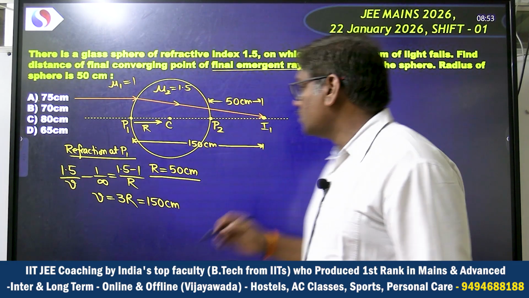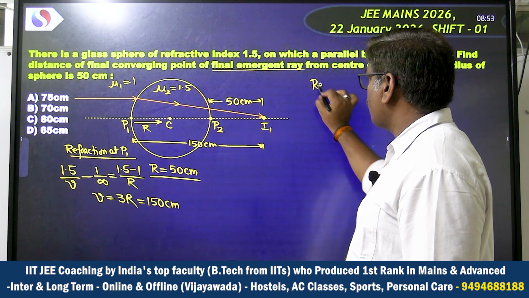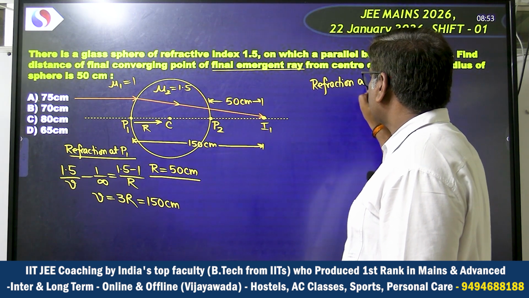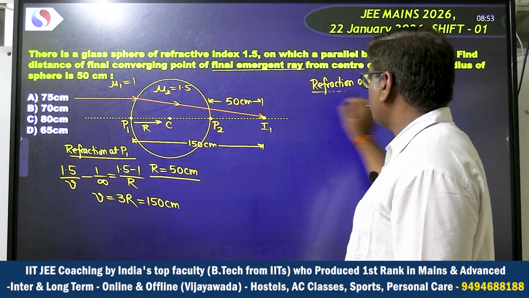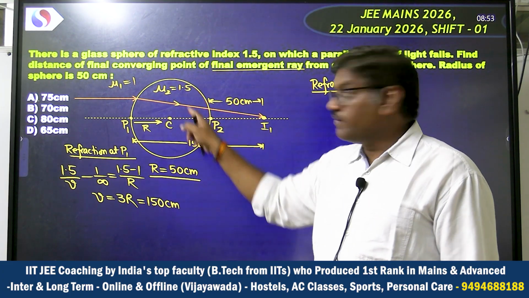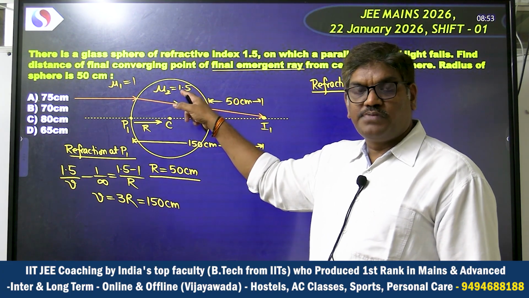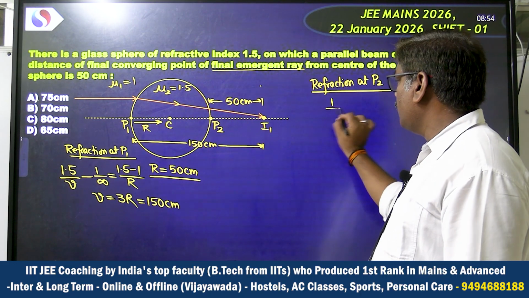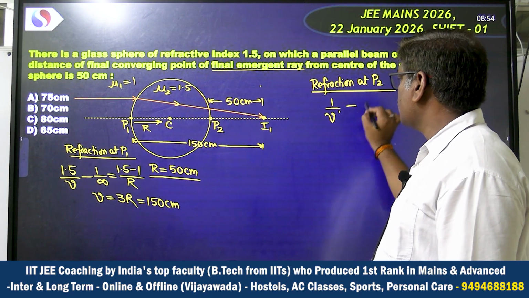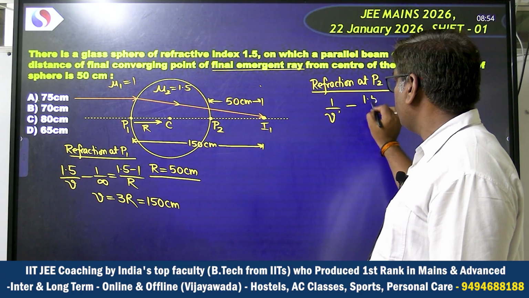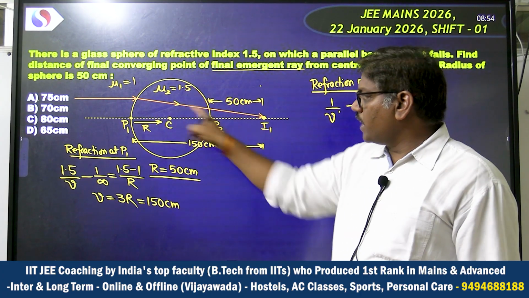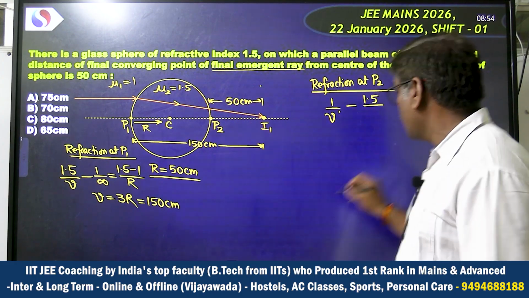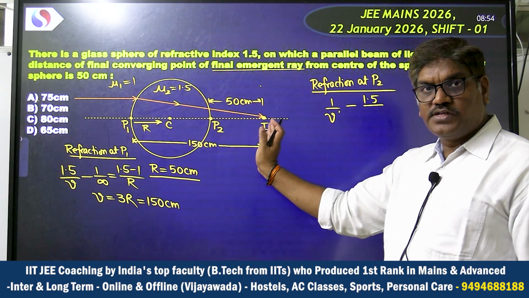So let's talk about the refraction now occurring at P2. Again, the refraction formula. The incident ray is coming from the 1.5 medium, so now that becomes my mu1 and mu2 becomes 1. So 1 by V dash minus 1.5 by U. According to the sign convention, you take U as plus 50, because it is in the direction of the incident ray.